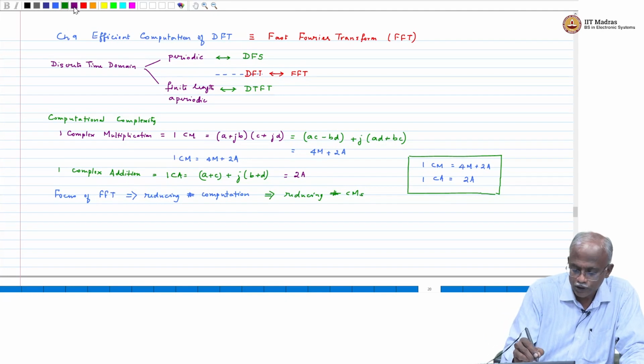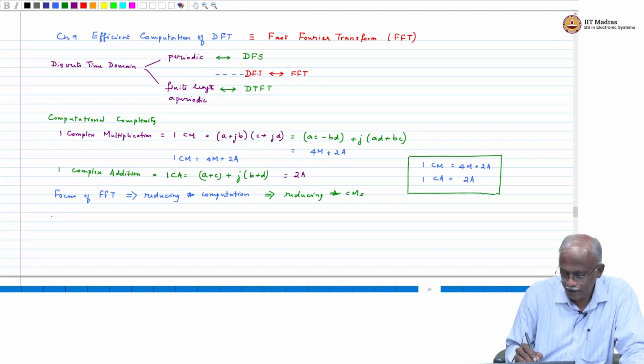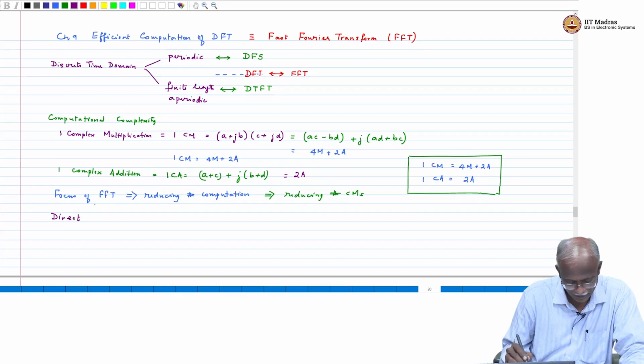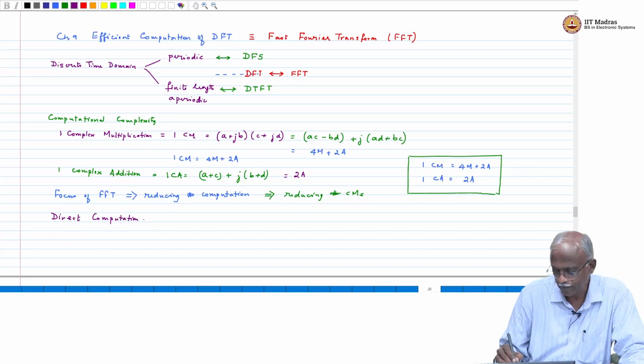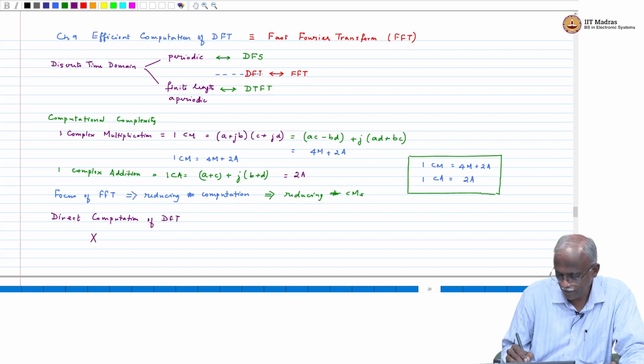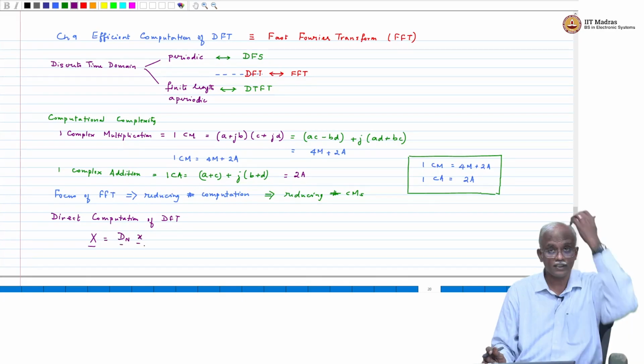Now, supposing you wanted to look at the computational complexity of the DFT, the direct computation of the DFT. You get the vector X is equal to D subscript N times x.